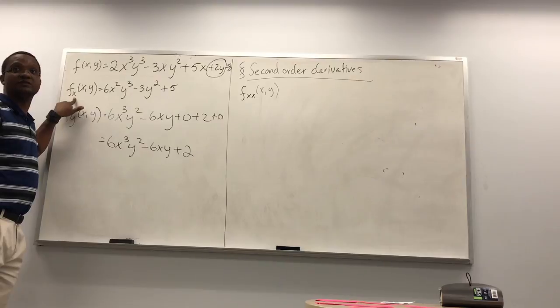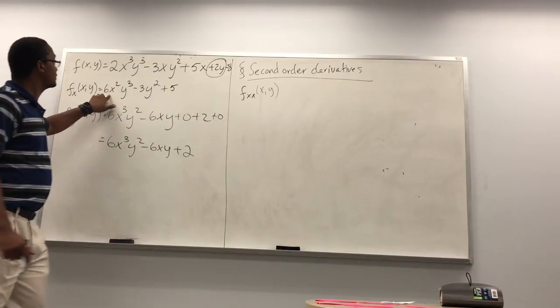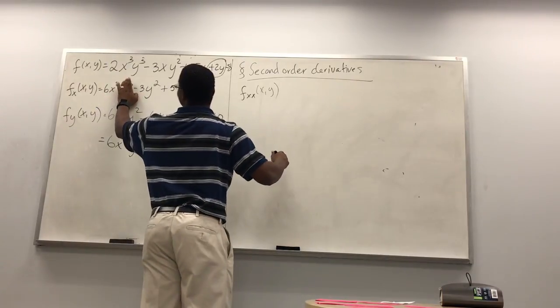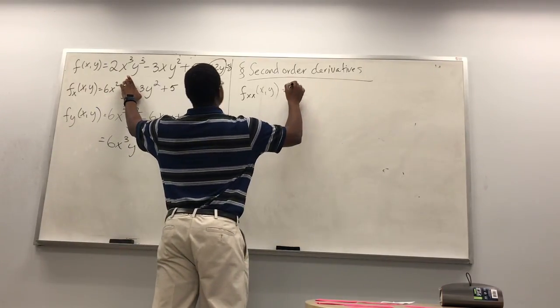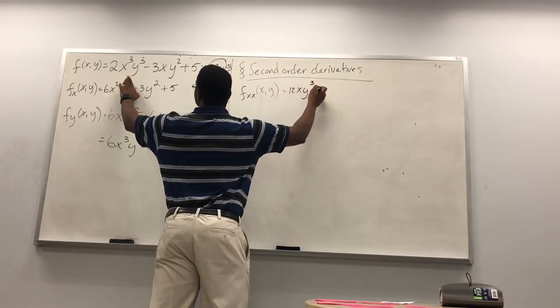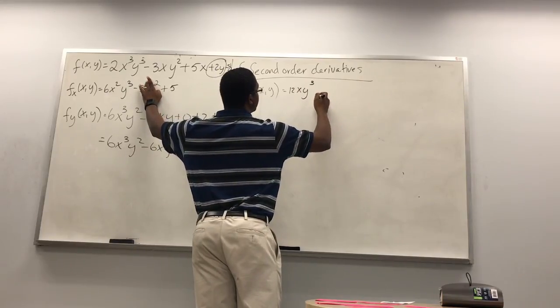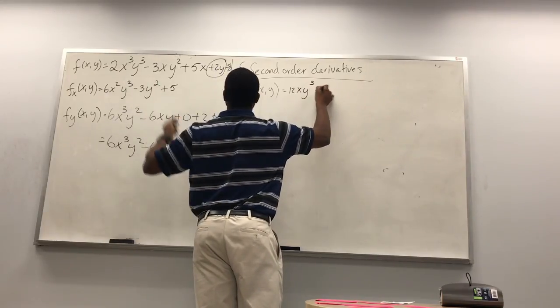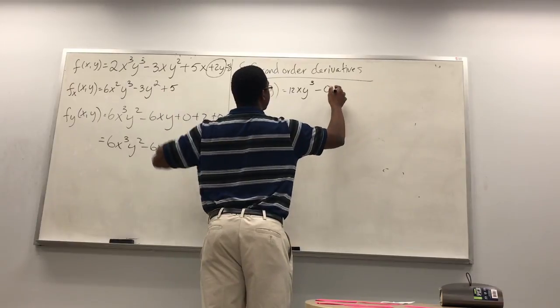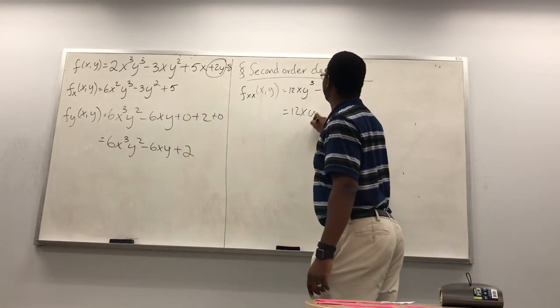I just take the derivative of this with respect to x. The derivative with respect to x of this thing right here, cover the y, is 12x y cubed. Cover the y, what's the derivative of negative 3? 0, so that's minus 0. The derivative of 5? 0. And so therefore that's just 12x y cubed.